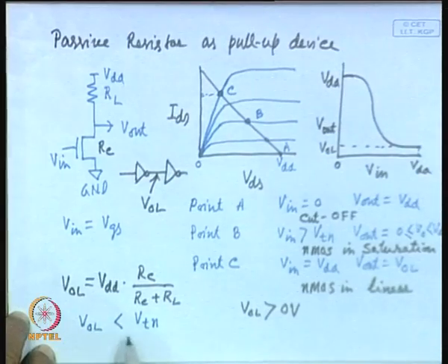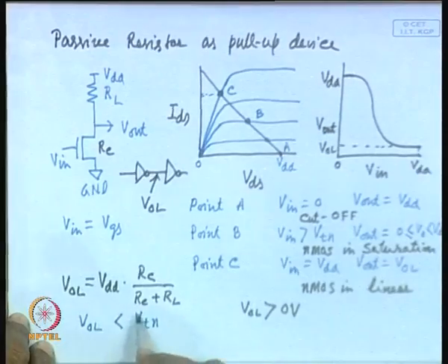So, VOL should be less than VTN, that is the requirement to be satisfied for the correct operation of the inverter. So far as the high level is concerned, there is no problem, we are getting VDD, there is problem with low level output. So, low level output has to be less than VTN.